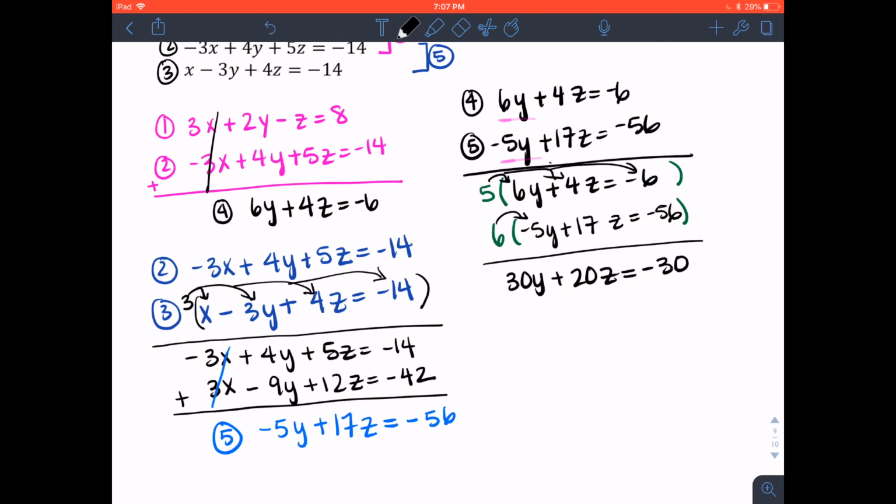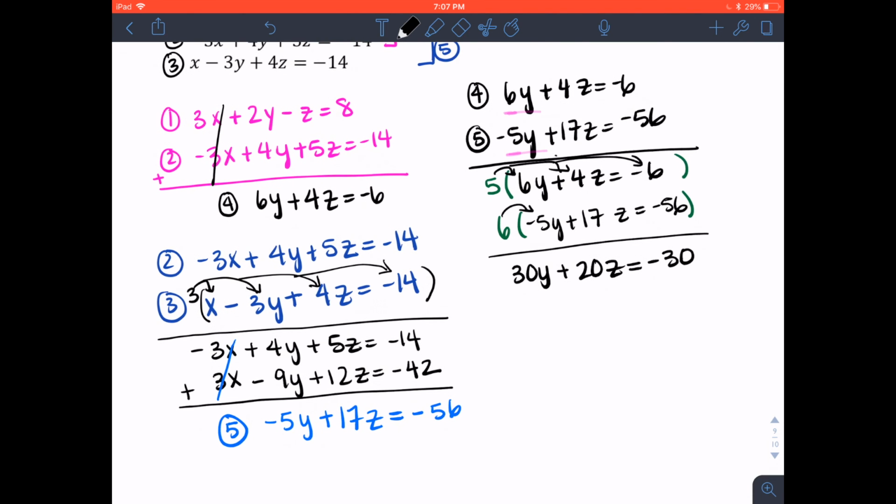Then we have 6 times negative 5y, so that's negative 30y. 6 times 17, let's take a look on a calculator. 6 times 17 is 102z equals 6 times negative 56. Negative 56 times 6 is negative 336.